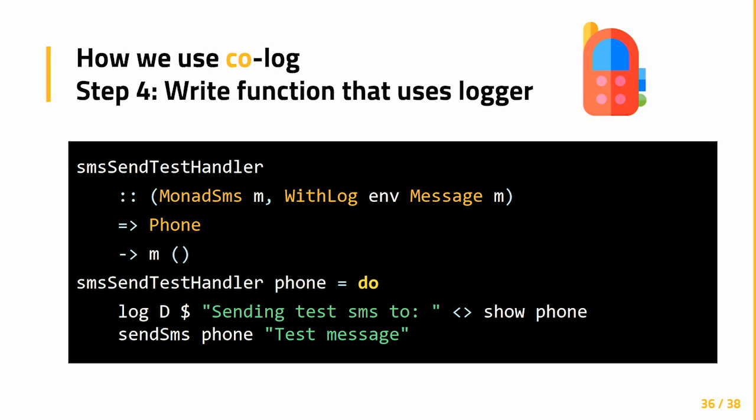MonadSMS, which tells us how to send SMS, and this WithLog type class from the Colog library, which says that this monad m has access to an environment that can log messages. And this log function comes from the Colog package. So this basically tells us how to integrate. It's not that difficult, and the idea here is that it plays nicely with common programming patterns in Haskell.